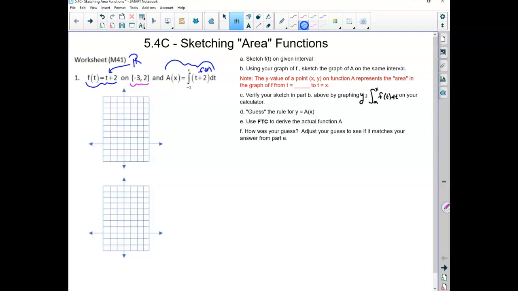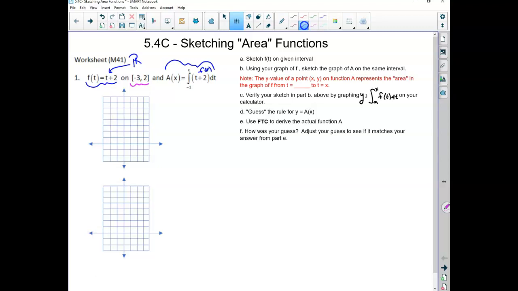But as of right now, with what we've learned thus far in 5.4, you should be able to do all 5 of these problems pretty simply without today's lesson. And this M41 worksheet is not, I repeat, not going to be homework, so I'm going to be kind of curious to find out how many people turn it in, which just reflects they didn't watch this video. But it's not going to be homework. We're just going to do 3 of these problems. You're welcome to do more of them after you know how to cruise along here.